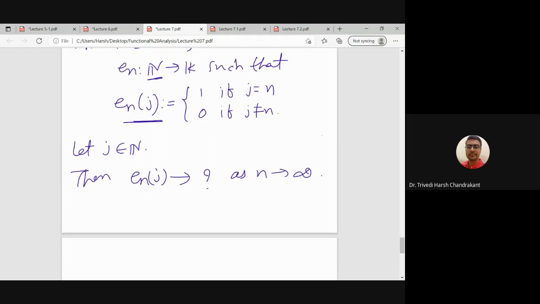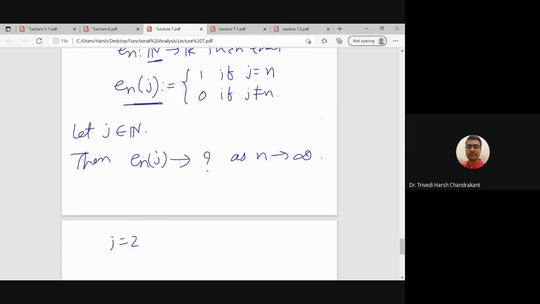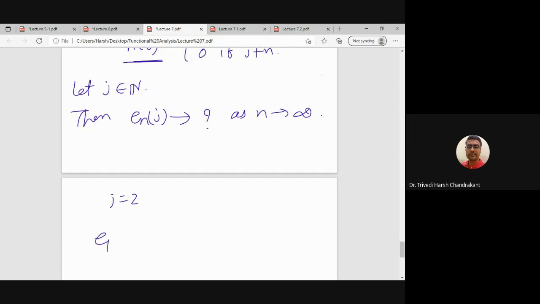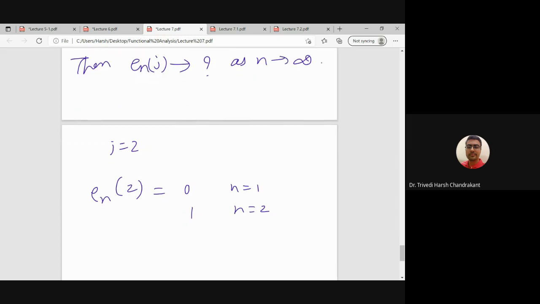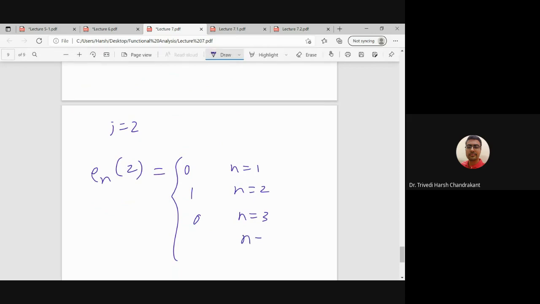So for example, we fix j, so j is equal to 2. Then what is en of 2? If you take n is 1, then it is 0, right? If you take n equal to 2, it is 1, n equal to 3, it is 0, n equal to 4, it is 0, and so on.